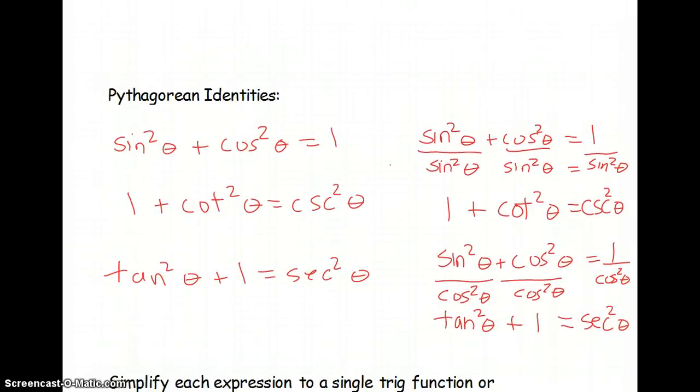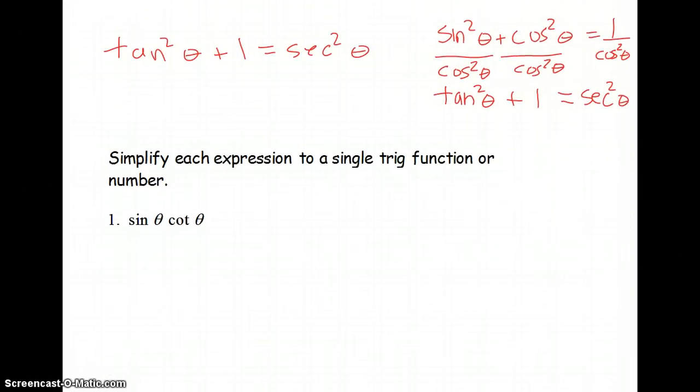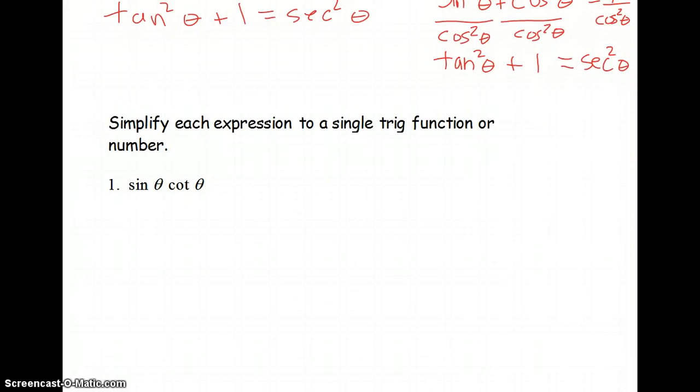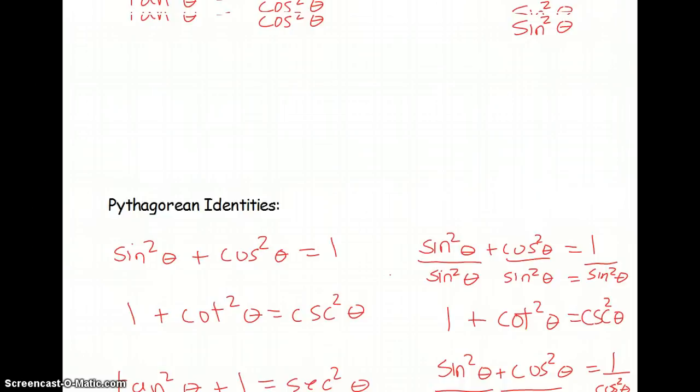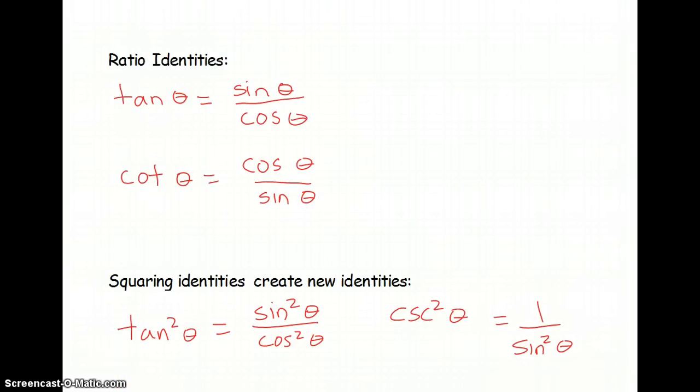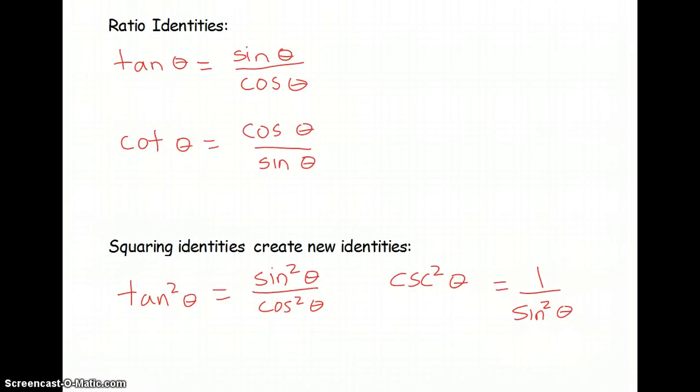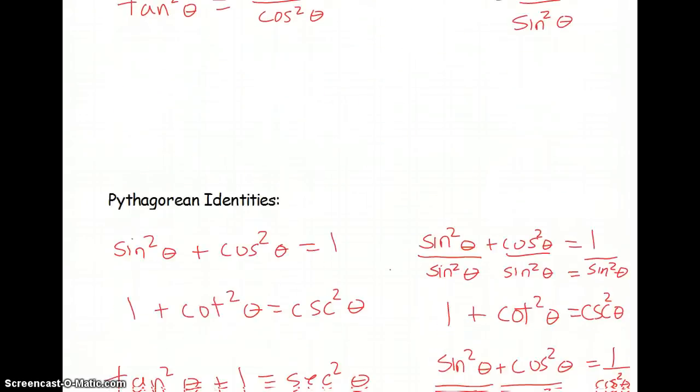So just to show an example of what we're going to do with this, we're going to simplify each expression to a single trig function or number. Well, there's nothing I can really do with the sine of theta, so I'm going to leave it like that. But the cotangent, could I rewrite that with a sine involved? Well, remember up here a minute ago we had tangent of theta is sine theta over cosine theta, and cotangent theta was cosine theta over sine theta.